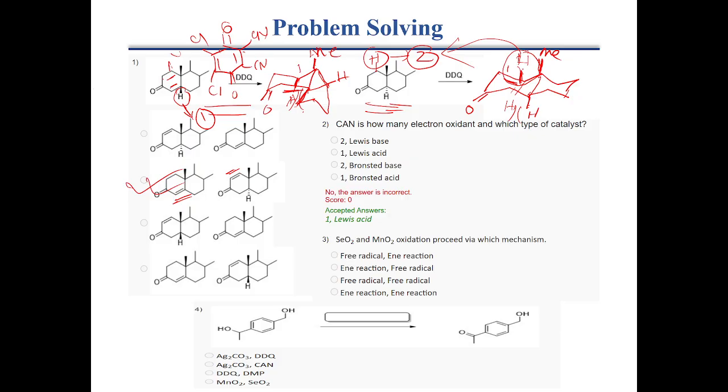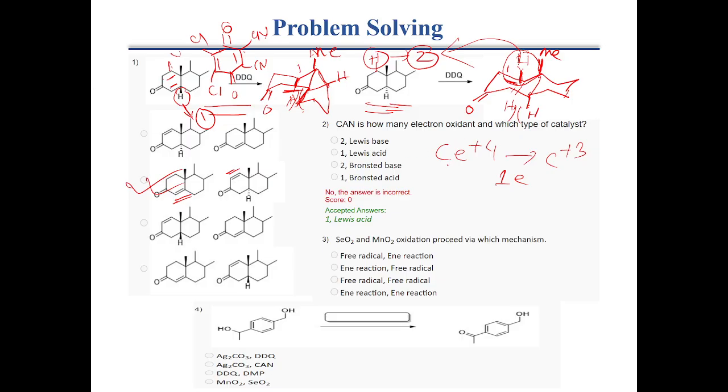The next question is about CAN: how many electron oxidant it is and which type of catalyst. We all know cerium(IV) goes to cerium(III) oxidation state, so it is a one-electron oxidizing agent.